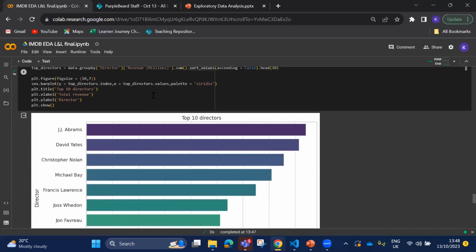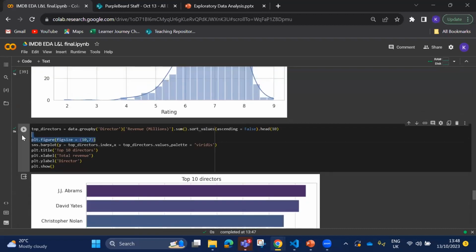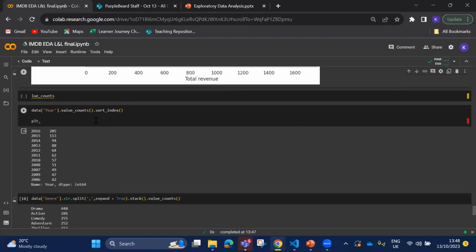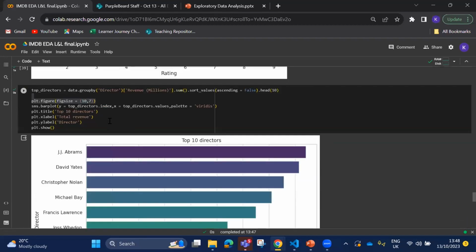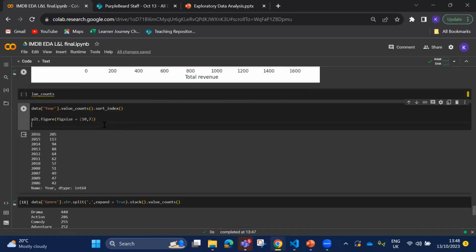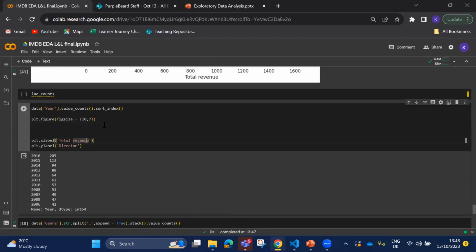Let's reuse this, it's the only thing I can reuse. The X label and Y label as well, I'll reuse. So on the x-axis I should have the years, and this time I'm going to plot a line plot. And on the y-axis, I can have the number of movies.